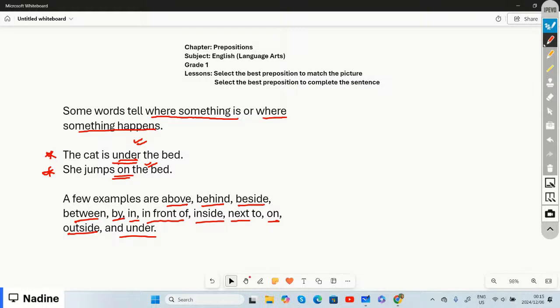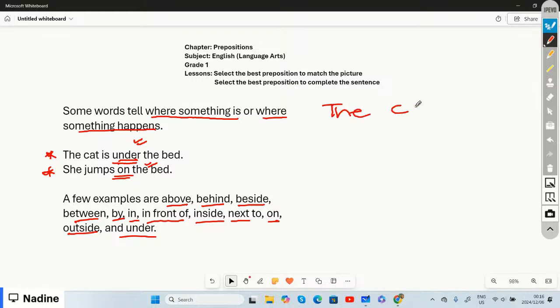And if we look at more sentence examples of prepositions, let's look at the first one.